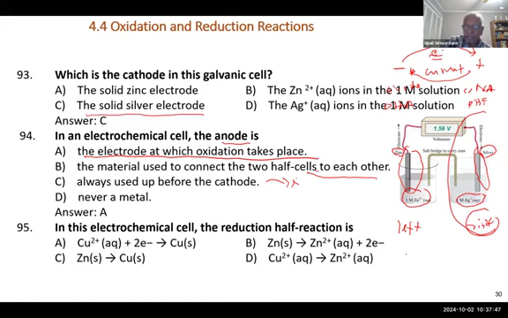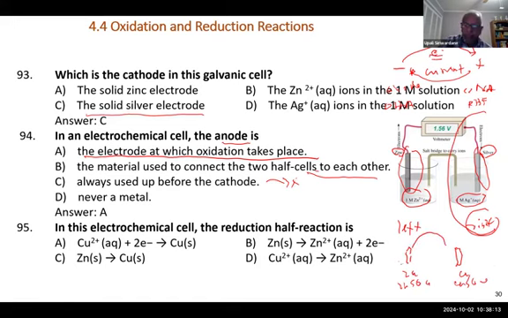galvanic cell, where zinc is placed in zinc and zinc sulfate, copper sulfate.